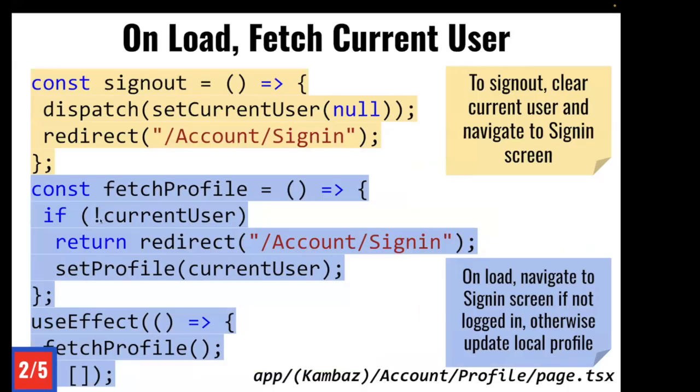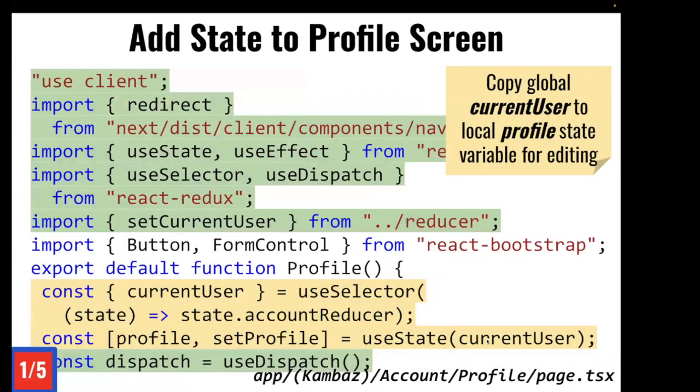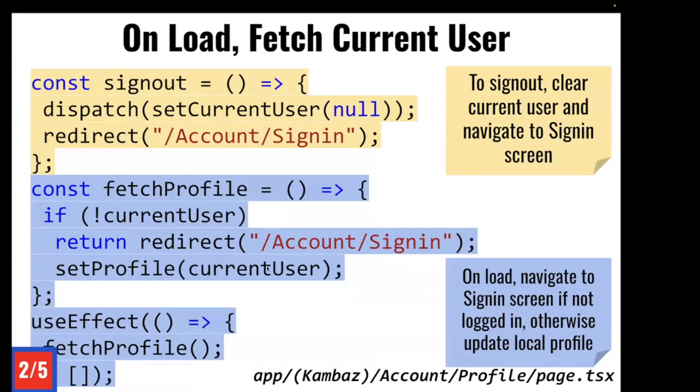And this is just checking to see, well, if currentUser doesn't exist, I'm going to send you to sign in, if nobody's logged in. Otherwise, if someone is logged in, I'm going to set the current profile to the current user. So basically, this line of setProfile is doing this, right? Initializing the profile to the current user, if there's somebody logged in. This will be much more useful in what we're going to be working on next lecture.